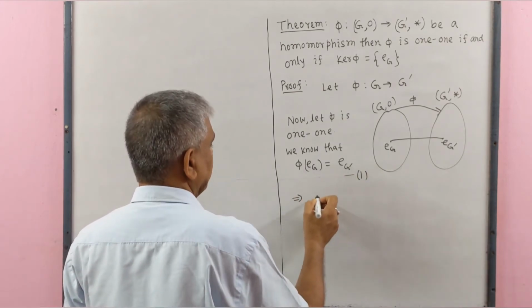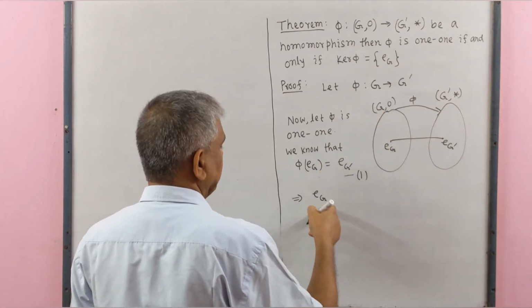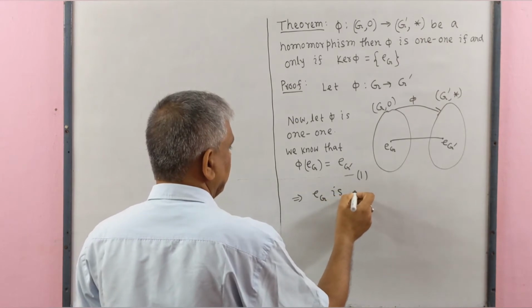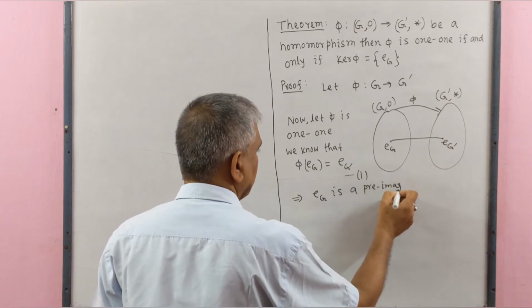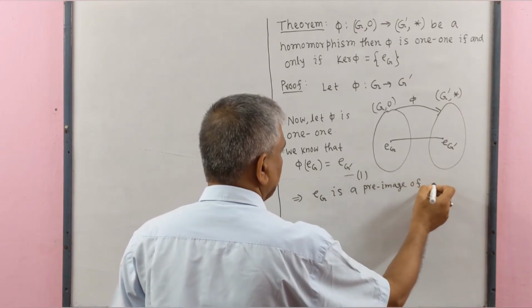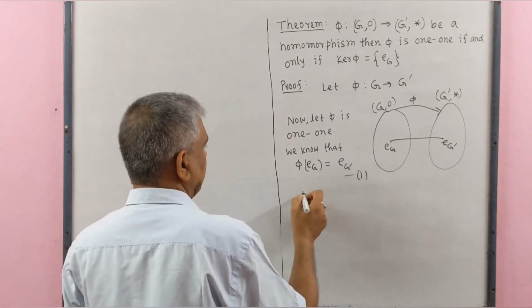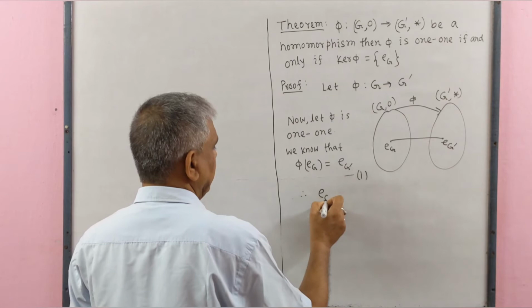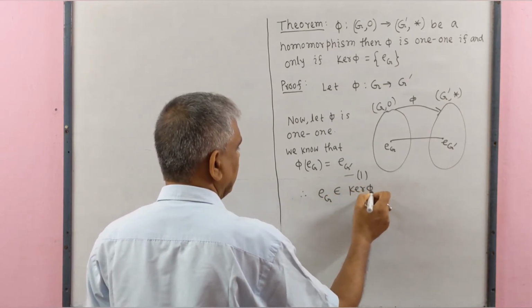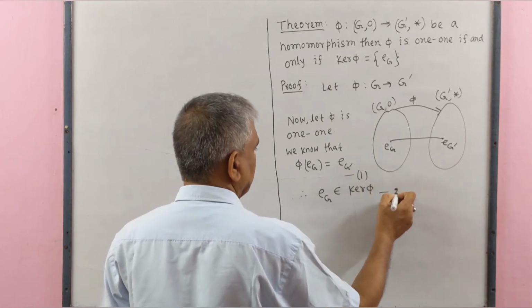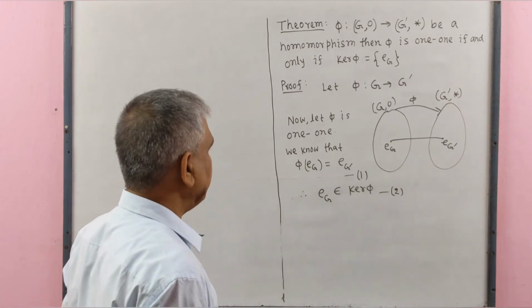It implies that the identity element of group G is a pre-image of the identity element of G prime. Therefore, EG belongs to ker phi. This is number 2. Ker phi means the kernel of homomorphism phi.